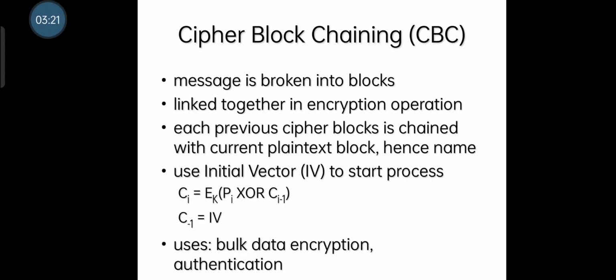C of i is equal to E suffix k of Pi XOR Ci minus 1. Here Ci minus 1 is the initialization vector. For the very first time, I will use the initialization vector for encryption. For the further cycles, the output of the first one will be given as the input to the second one. It is used for block data encryption and authentication.